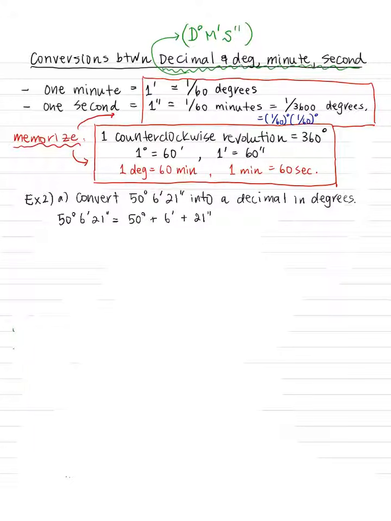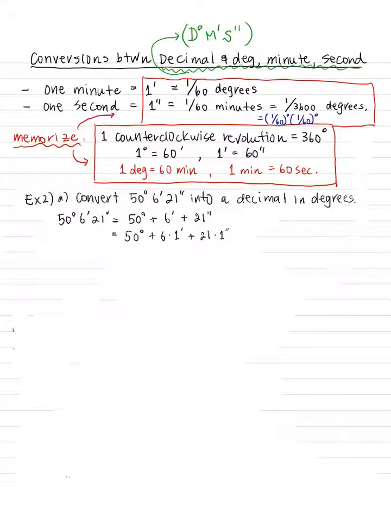Ready? I'll work this step by step. So this is 50 degrees plus 6 minutes, which is the same thing as 6 times 1 minute, plus 21 seconds, which is the same thing as 21 times 1 second.